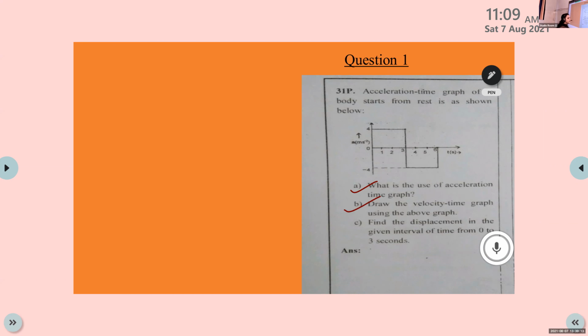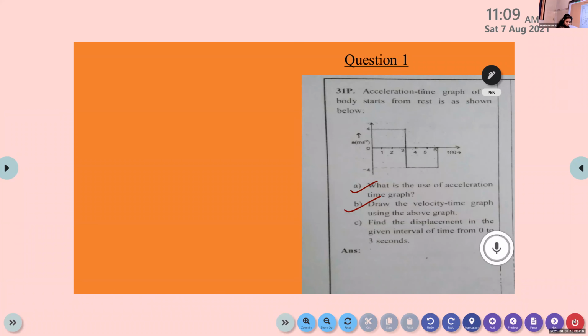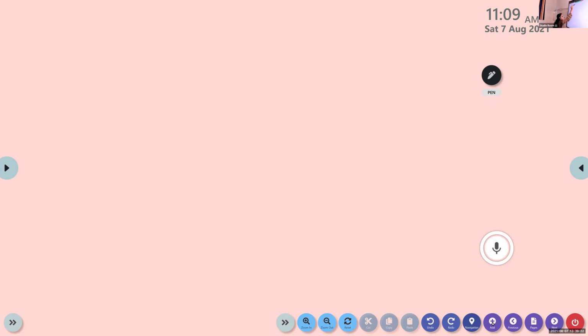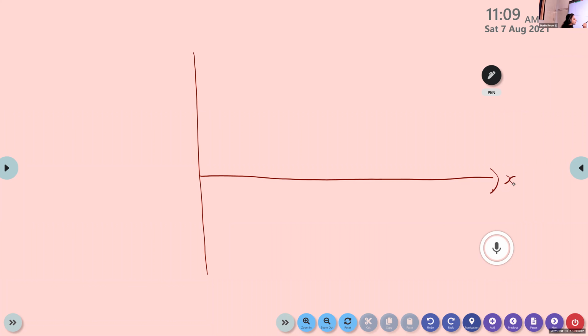Now the second question: draw the velocity time graph using the above graph. For that, we are considering the velocity corresponding to each second. Time in seconds is taken along the x-axis, and acceleration in meter per second square is taken along the y-axis.